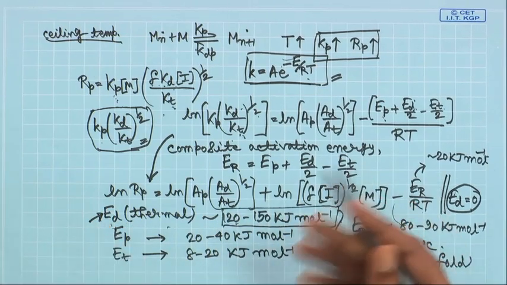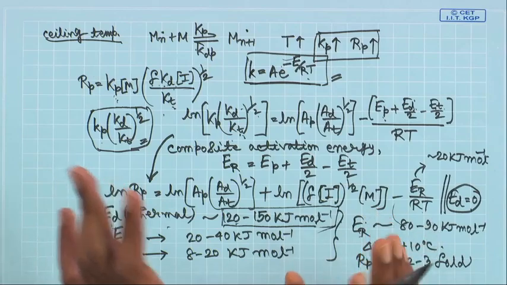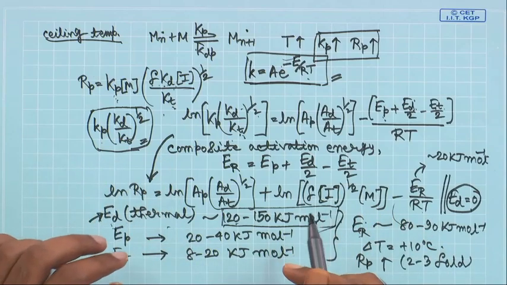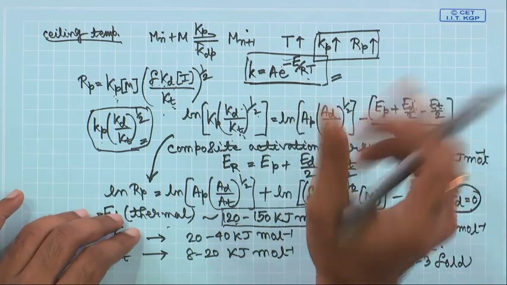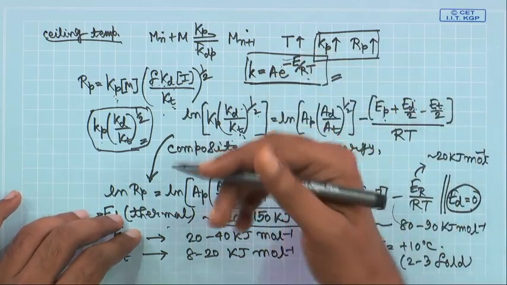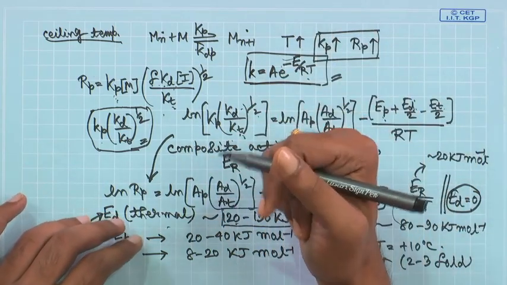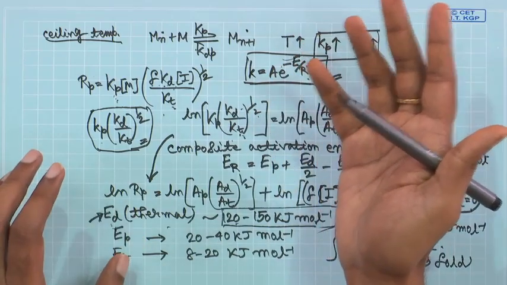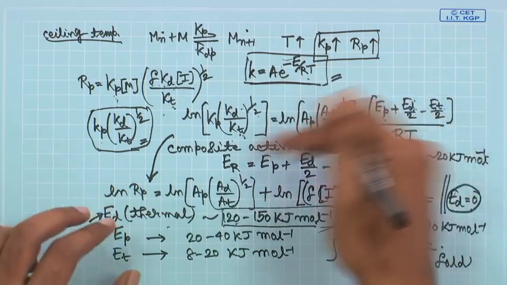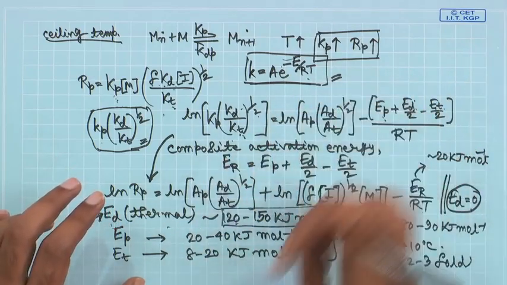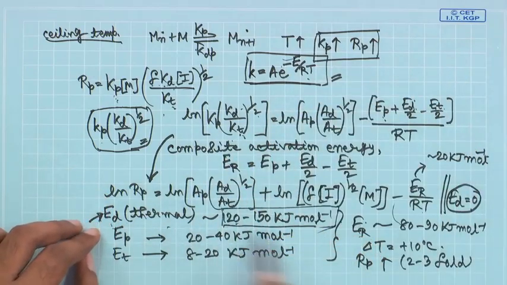When you are talking about the dissociation energy, you are actually talking about the bond dissociation energy. We already told that for the initiator, say peroxo bonds, to achieve thermal dissociation, the kind of energy that you have to provide is 120 to 150, 160 kilojoules per mole. So, that way they are basically equivalent.